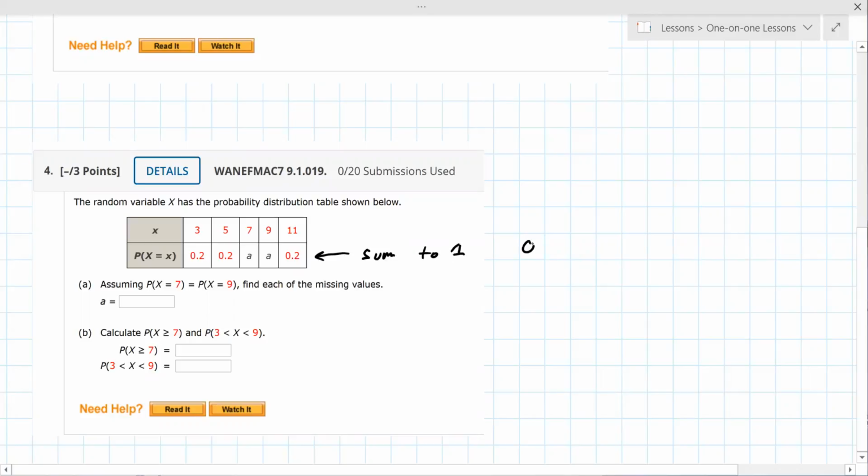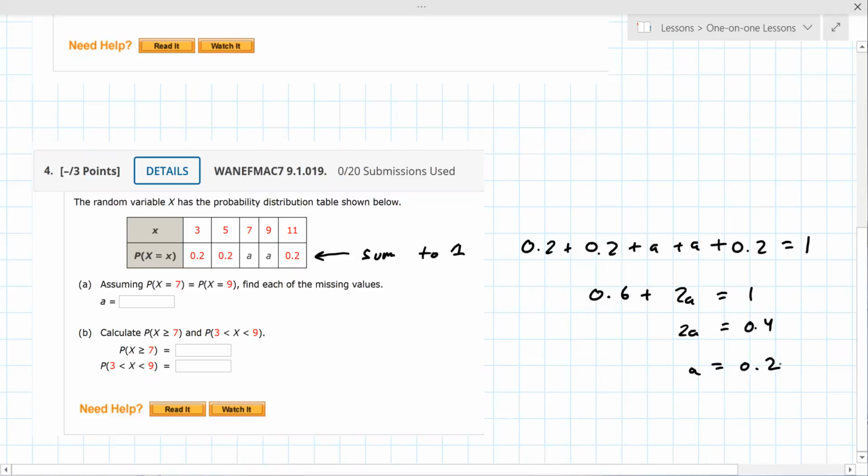So you literally just write that equation: 0.2 plus 0.2 plus A plus 0.2, all equals 1. So we have 0.2, 0.2, 0.2, that's 0.6 plus 2A equals 1. Subtract 0.6 from both sides, and A equals 0.2. So that's the answer there.